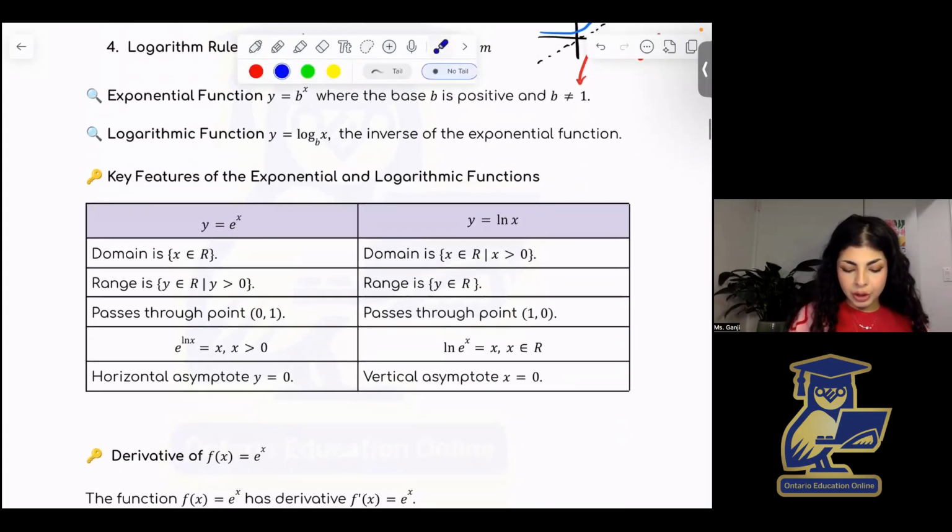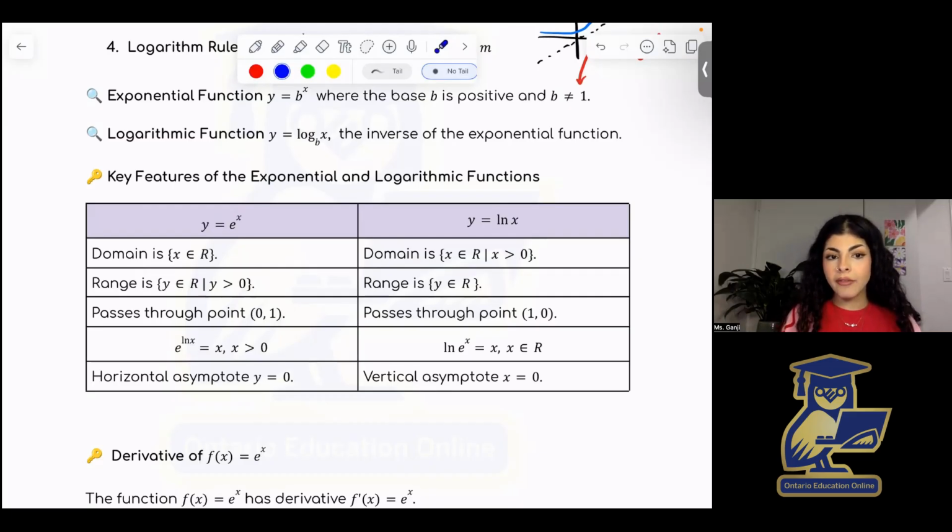Now, some key features of the exponential and logarithmic function, and now we're specifically looking at the natural log and Euler's number e. So with these two, we do have for our exponential function, the domain is all values of x. But with all values of x, we do have that our output is y is greater than 0.